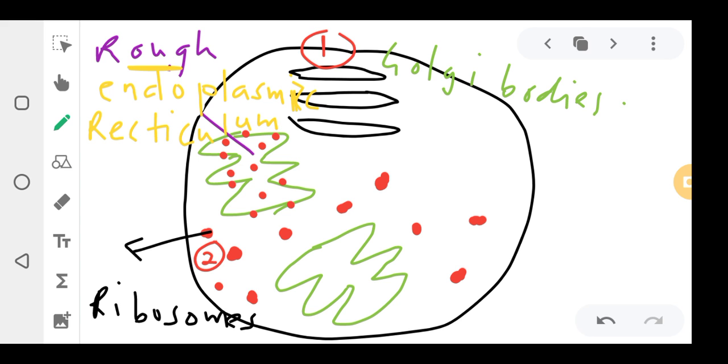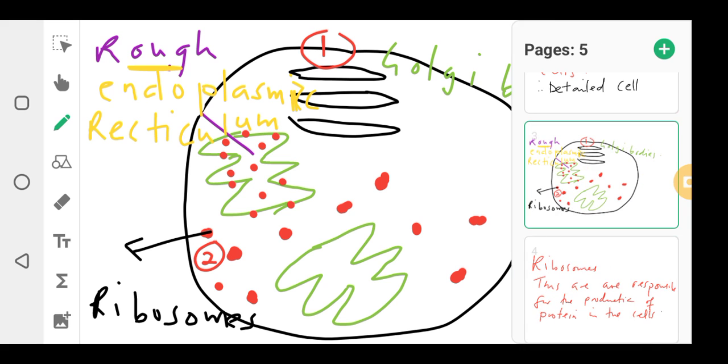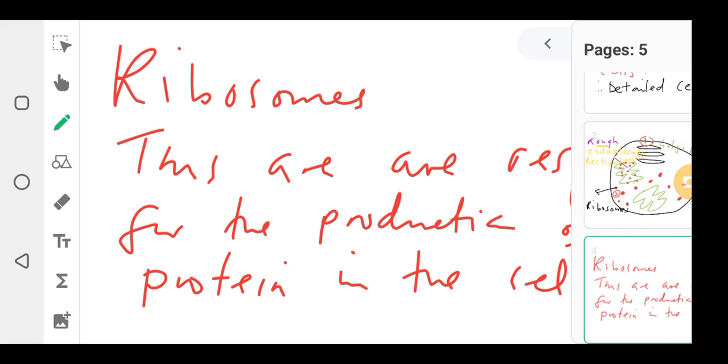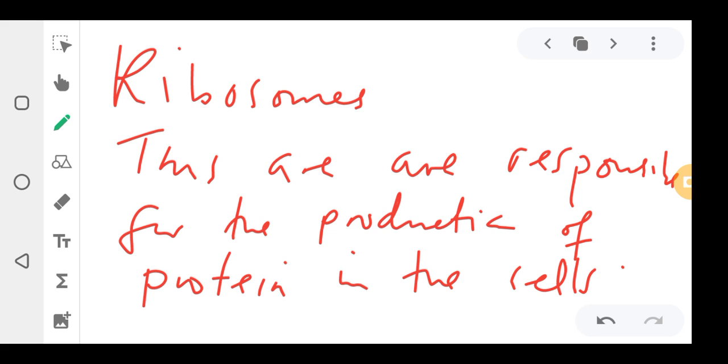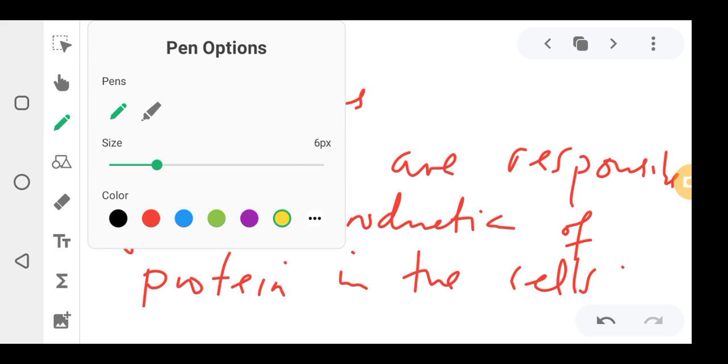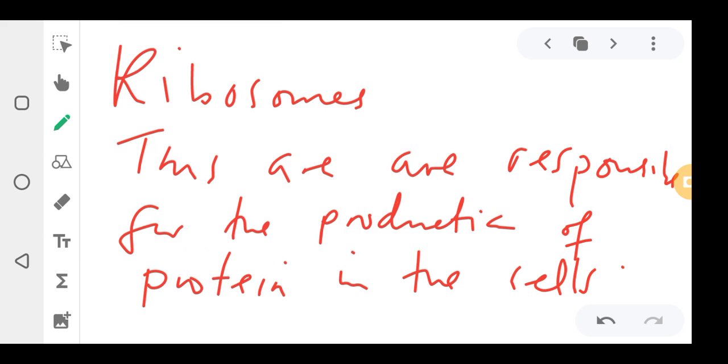So this one transports what? It transports proteins. Ribosomes produce proteins. Remember what I said? Ribosomes are responsible for the production of proteins. The production of proteins means protein synthesis.